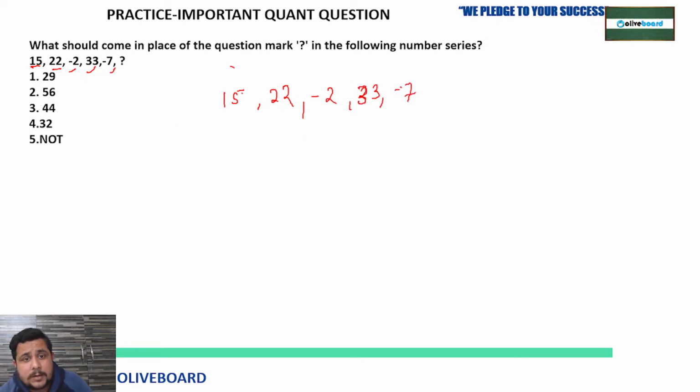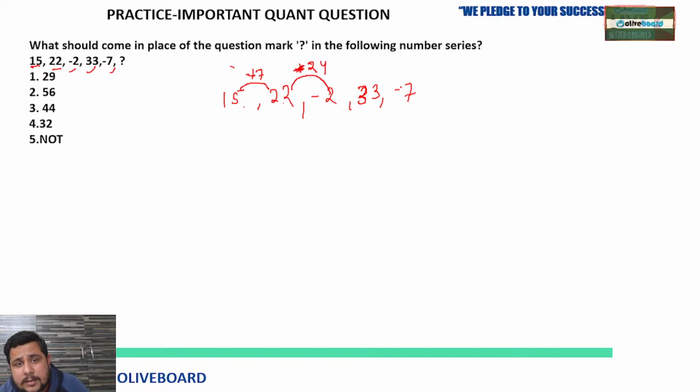So see, 15 to 22, what is the difference? We will go with the difference, because first it increases, then decreases, then increases. So maybe an alternate pattern is going on, plus minus, something like that. So plus 7. Now 22 to minus 2, the difference is minus 24.